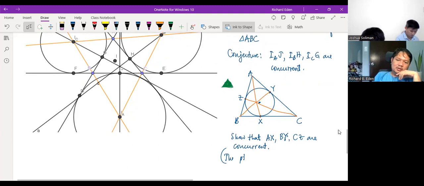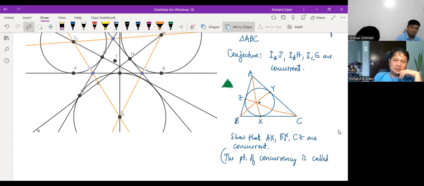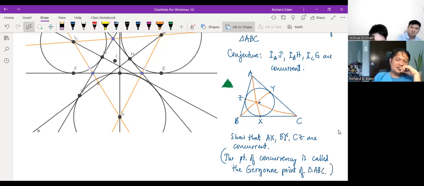The point of concurrency. So I'm looking at my reference. The point of concurrency is called, okay, I don't really know how to pronounce this. Is it Gergonne or Gergonne? Point of triangle ABC. Okay.